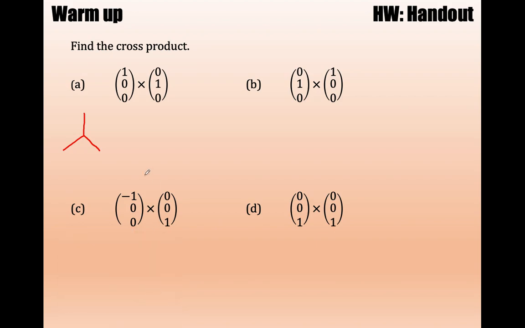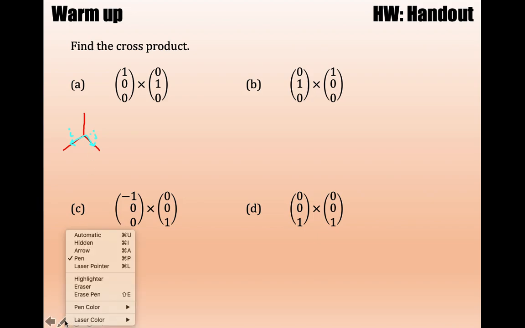The vector 1, 0, 0 is that unit vector in the x direction, and 0, 1, 0 is the vector in the y direction. And you remember we called this i, and we called that j. Can you picture what the cross product would be?